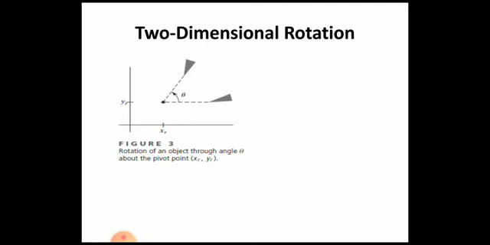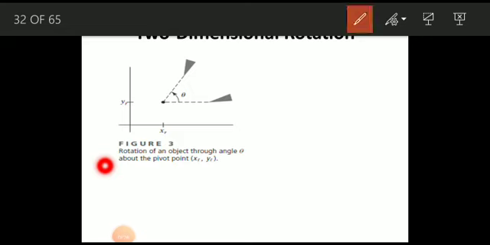You can see he has taken a reference point over here, which is defined by the points xr and yr. Now this is the reference point. From this point you are supposed to rotate the geometric object. It may be a polygon, it may be a simple point, or it may be a line or whatever.